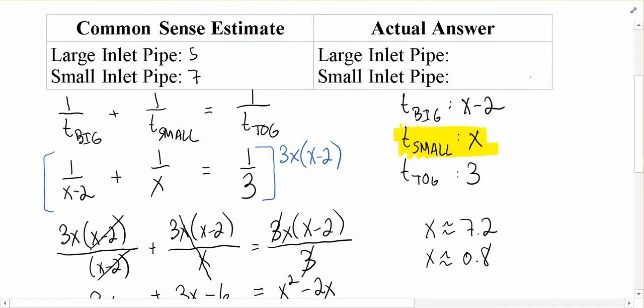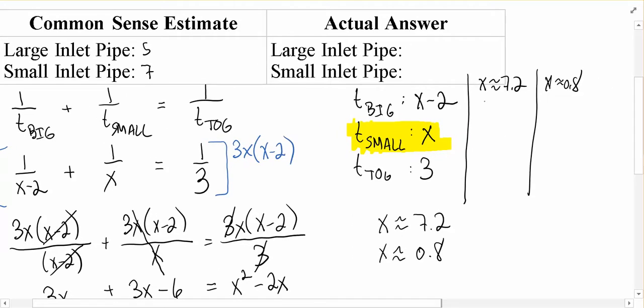Let's look at what happens if I let x equal 7.2 versus what happens if I let x equal 0.8. The time of the big guy, if x is 7.2, would be 2 less than that, or 5.2.